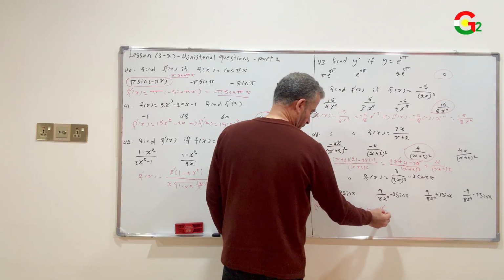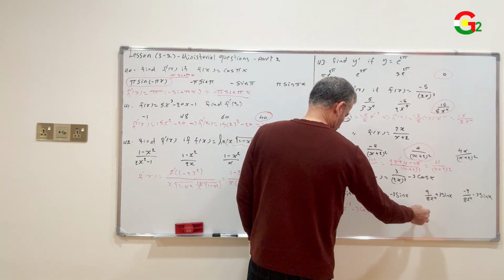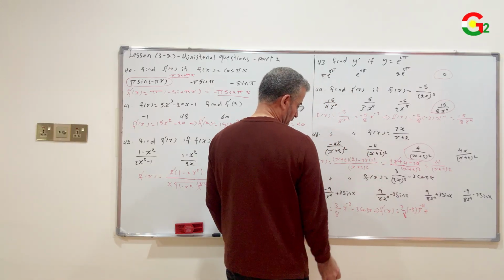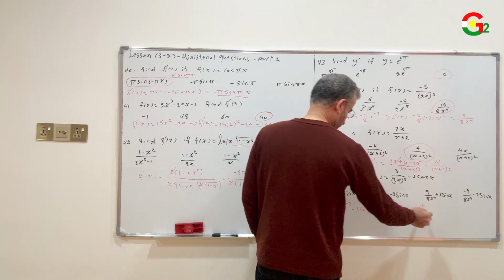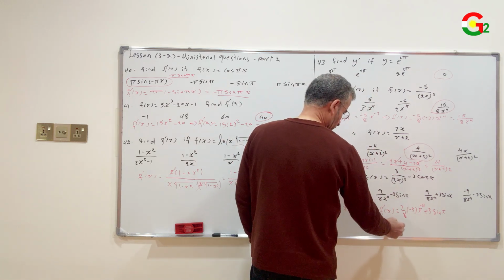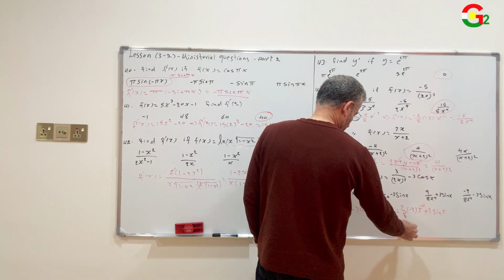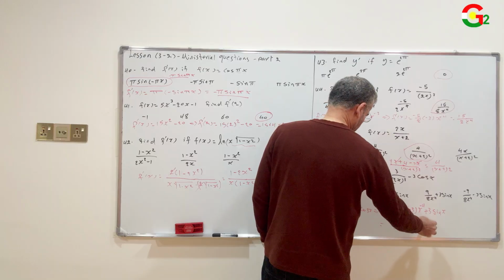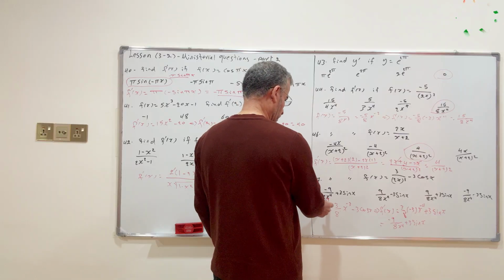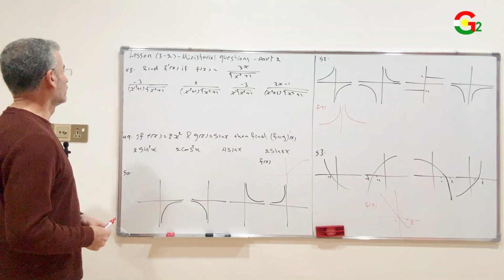Now differentiate: f prime of x equals 3 over 8 times negative 3 x to the negative 4 plus, since the derivative of cosine is negative sine, negative times negative is positive, 3 sine x, equal to negative 3 times 3, negative 9 over 8 x to the power 4 plus 3 sine x. Choice A.